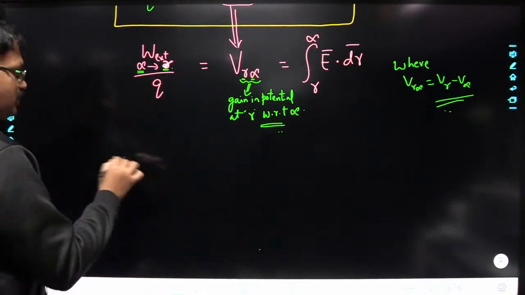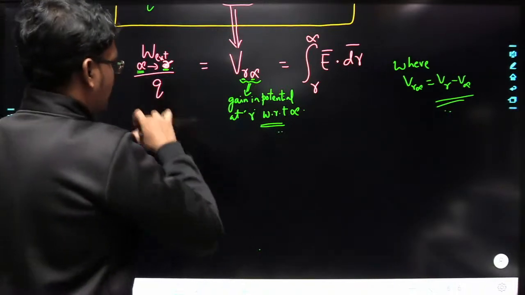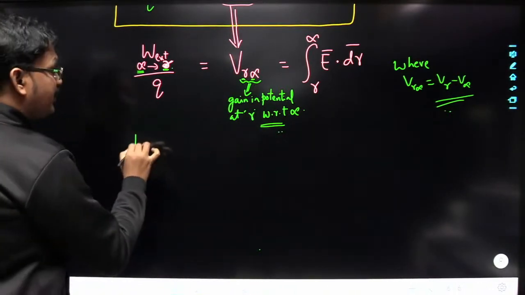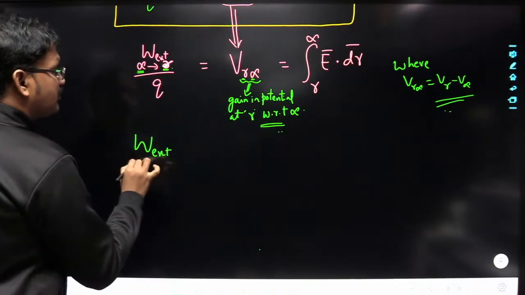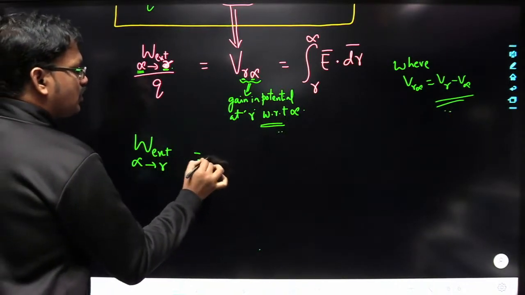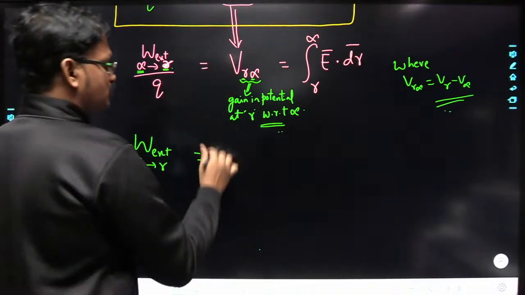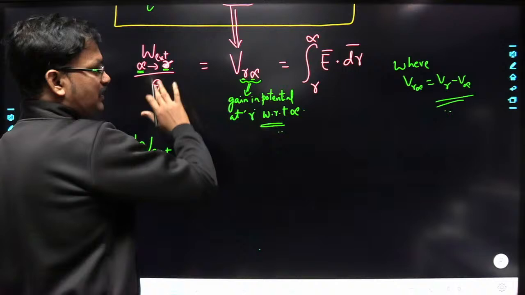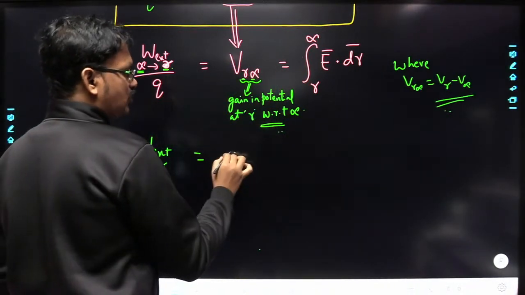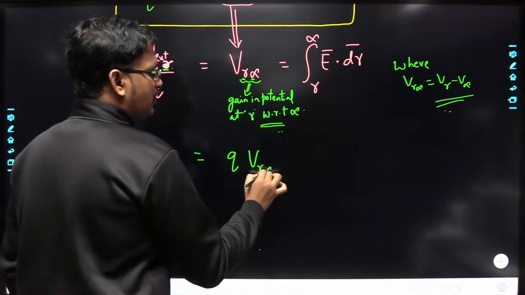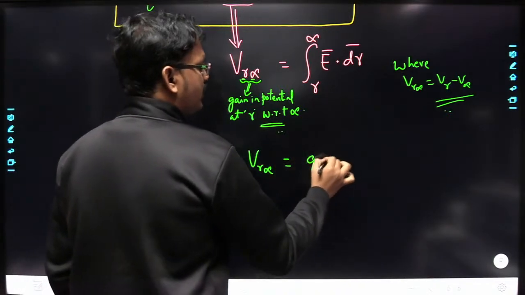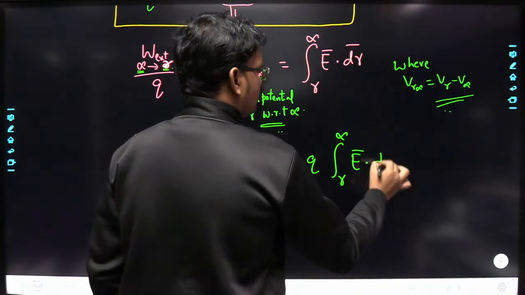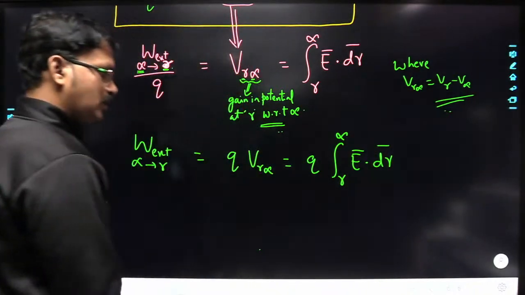So here, if I want to determine the work done by the external agent from infinity to r, I send this q to the other side, that is, multiply with q. So what you are going to get? q into V_r∞ is equal to q into the integral from r to infinity of E bar dot dr bar.